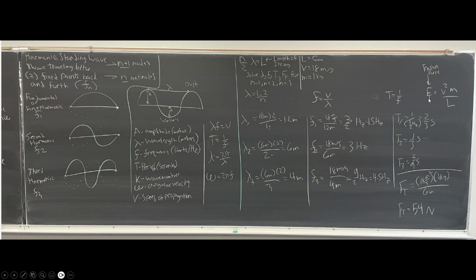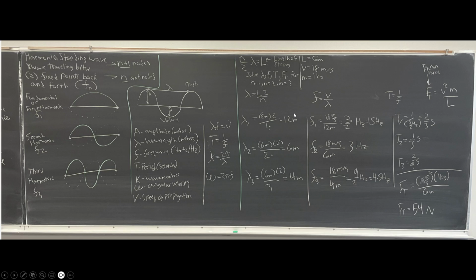Cool thing about tension force when it has a standing wave, a harmonic standing wave going through that material, the tension force F sub T equals the speed of propagation squared times the mass of the material divided by the total length from end to end that the wave is moving through the material.